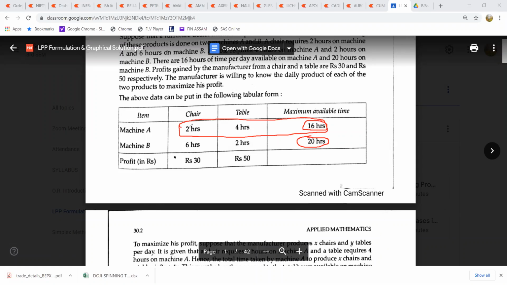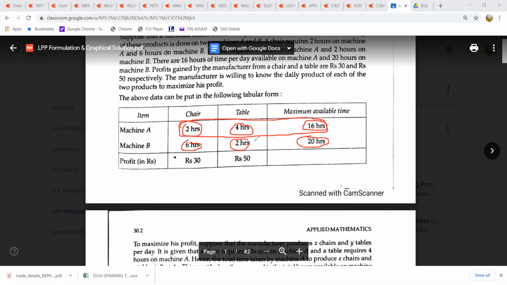And these are the values given: to make a chair, machine A requires 2 hours, and to make a table, it requires 4 hours. Similarly, for machine B, to make a chair it requires 6 hours, and to make a table it requires 2 hours.